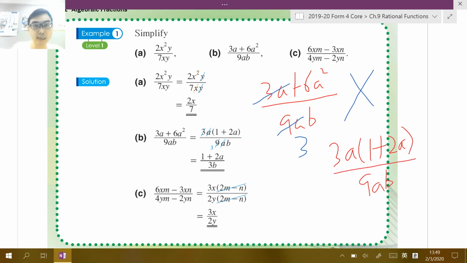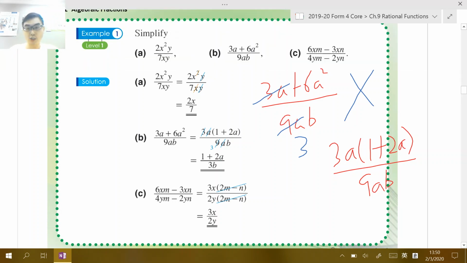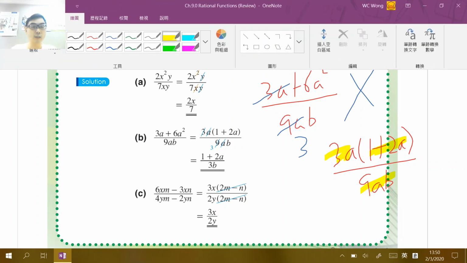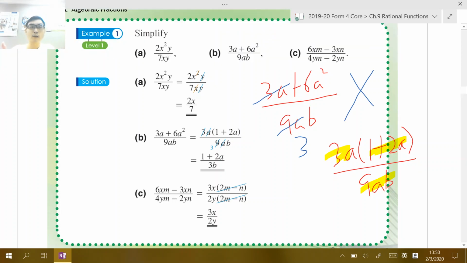Now in the whole fraction you have three terms, which are 3a, then 1 plus 2a, and the last one is 9ab. Because they are multiplying or dividing each other, we can apply the simple law of fractions that you can cancel terms after they are multiplied or divided.